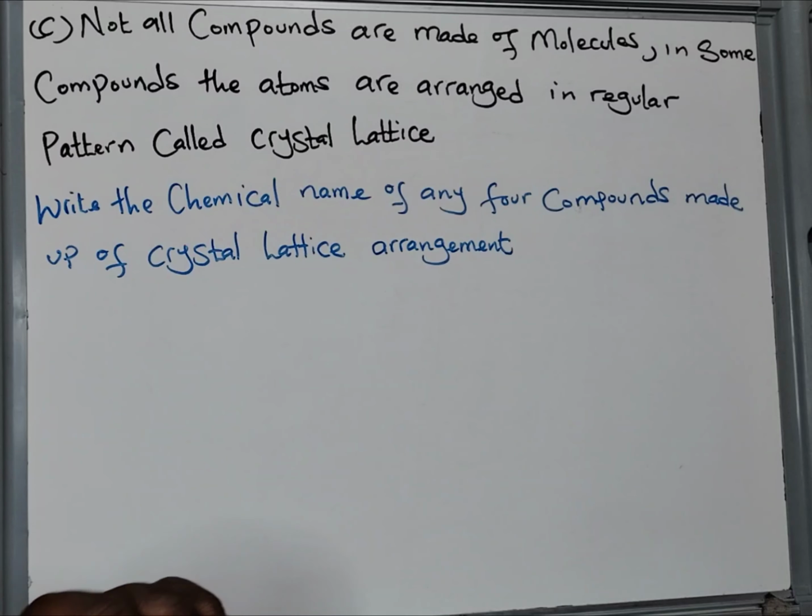And the question says to write the chemical name of any compounds made of crystal lattice. When we say crystal lattice, these compounds do not have molecules. So there is interconnection from one atom to another, to another, without any allowance for intermolecular forces.